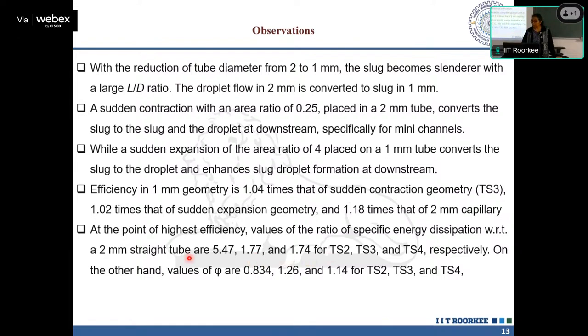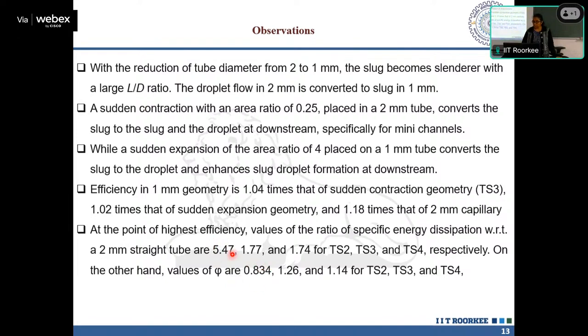So TS2 has the highest ratio of viscous dissipation, followed by the similar values of TS3 and TS4. On the other hand, for the ratio of enhancement of mass transfer coefficient, TS2 is the least.